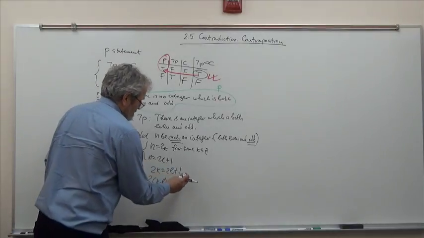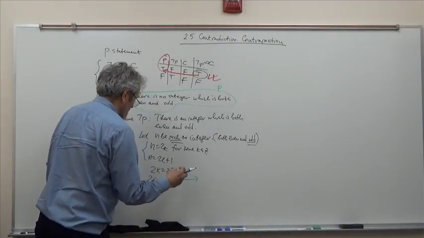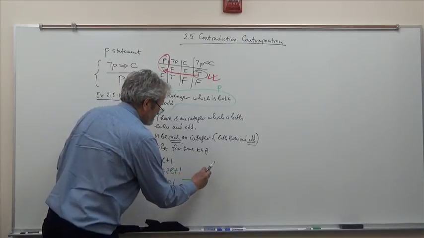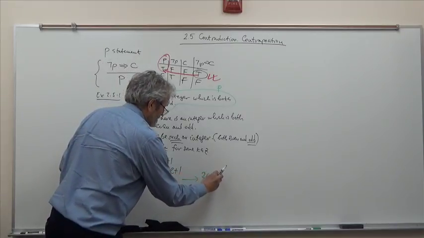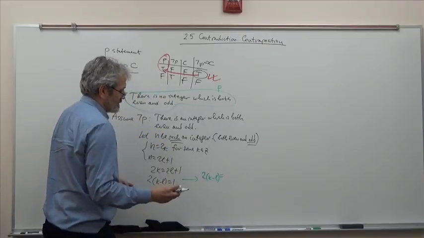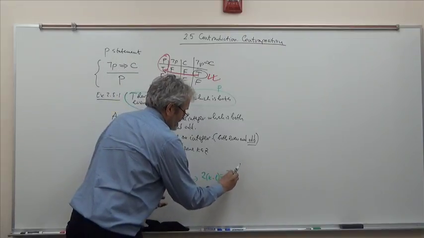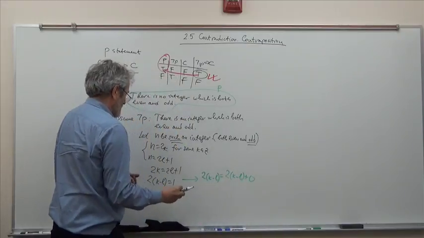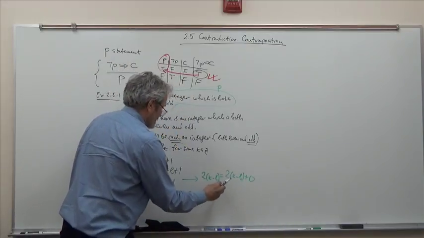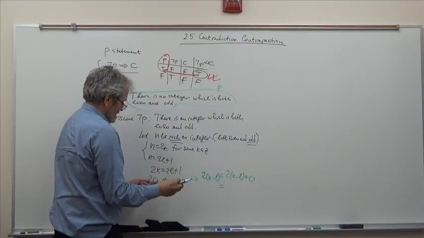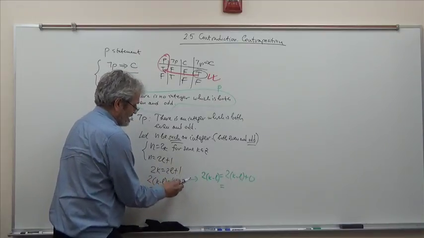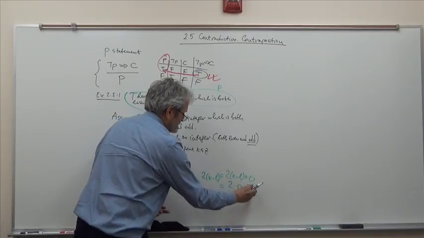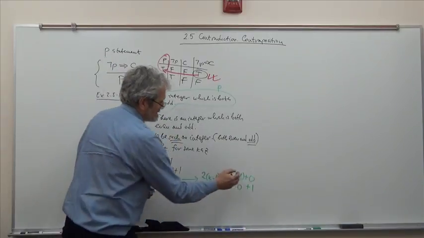Here is the argument I mentioned in the notes: that number 2 times (k minus l), whatever it is, is equal to 2 times (k minus l) plus 0. But on the other hand, it is equal to 1, and as 1 I can write it as 2 times 0 plus 1. And now I see the contradiction.